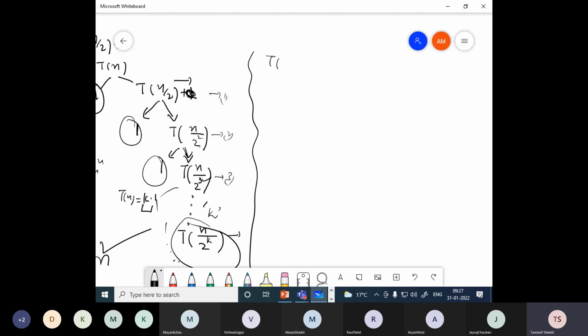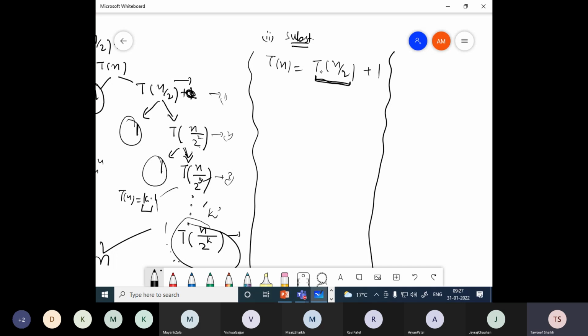Now see, if t of n is equal to t of n by 2 plus 1, taking substitution, which is the second method, into consideration, the substitution method says that we have to substitute something in its place.